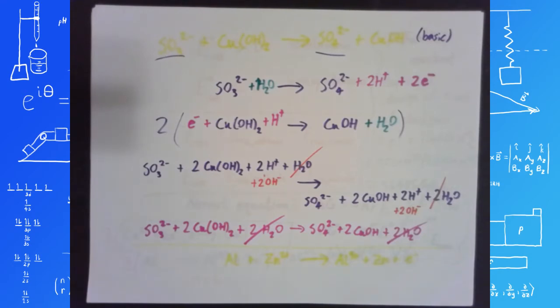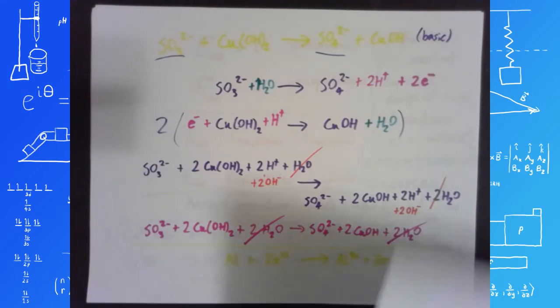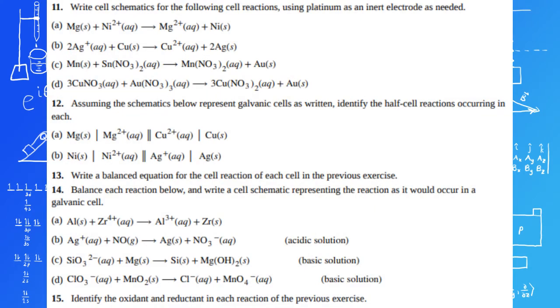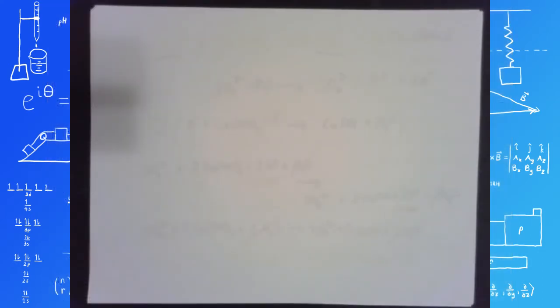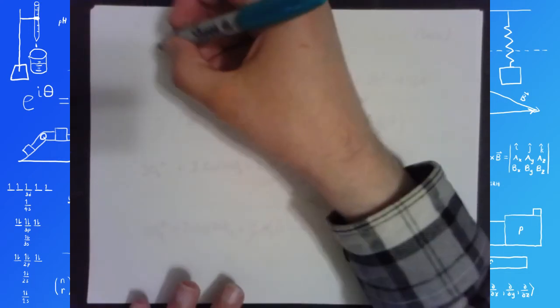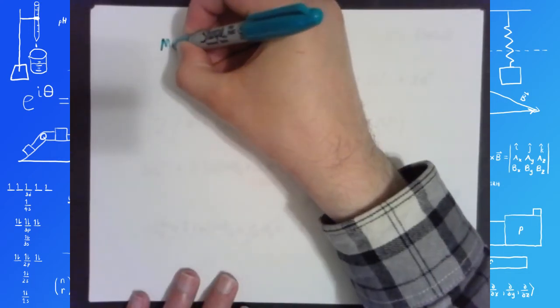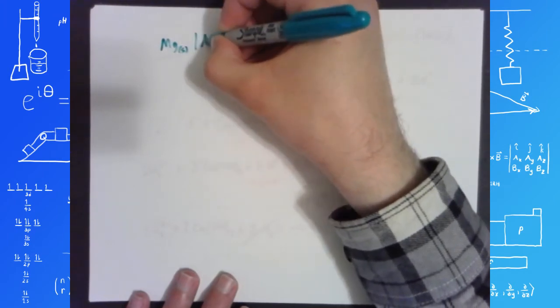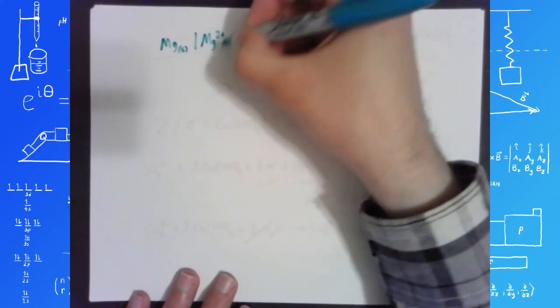So if we do part A of number 11, which is magnesium solid and nickel 2 ion becoming magnesium ion and solid nickel, the magnesium is getting oxidized, so that's magnesium solid turning into magnesium ion.